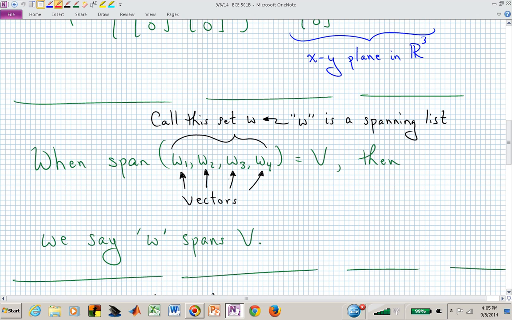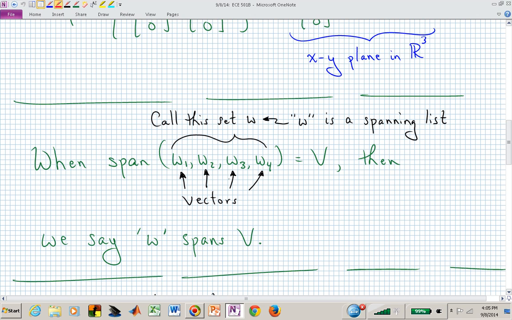When we have a set of spanning vectors that span all of the vector space V, suppose we call that set W just to collapse it down, and maybe W consists of 4 vectors, W1, W2, W3, W4. Then we say W as a set spans the vector space V. We could have overlap in the W1, W2.